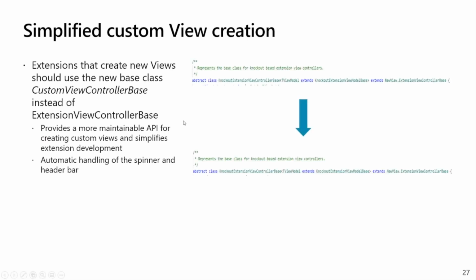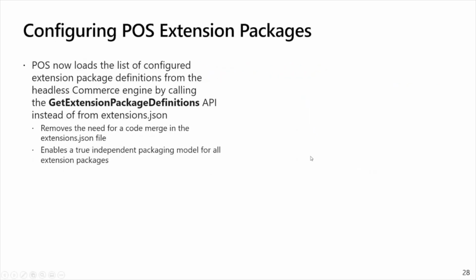Creating this new base class gave us a more maintainable API for extensions going forward, and enabled us to handle some of the common aspects like the POS header bar and the spinner automatically, without the view itself needing to add those controls. Those aspects are all now managed through the configuration. On the right here, you can see the basic change. We're no longer extending extension view controller base, and now we're extending custom view controller base.